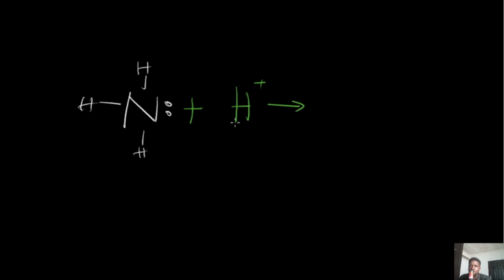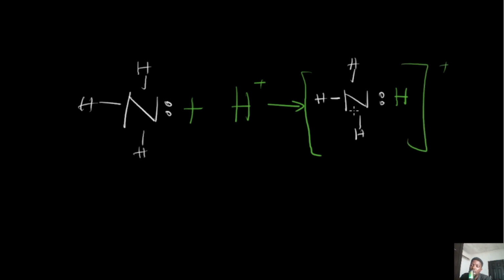So after this reaction occurs, basically what happens is that they combine, and then this hydrogen, because it has nothing, would go and attach itself to this pair, and they will now share. In a different video, you would understand the difference between covalent bonding and dative covalent bonding. In dative covalent bonding, one of the combining atoms brings the shared pair, and that's basically what happens here.